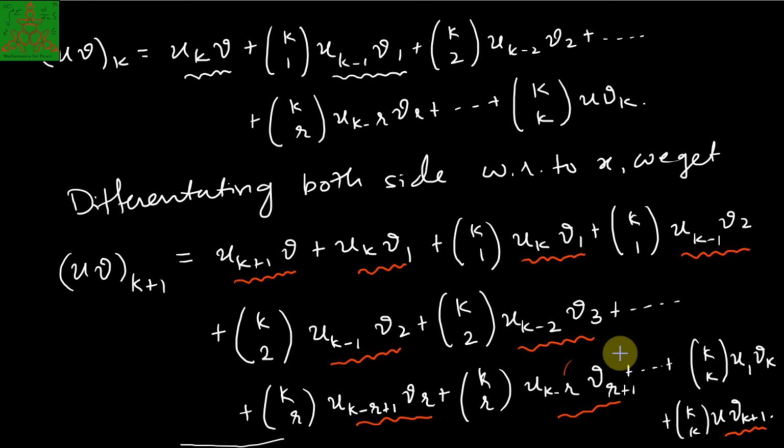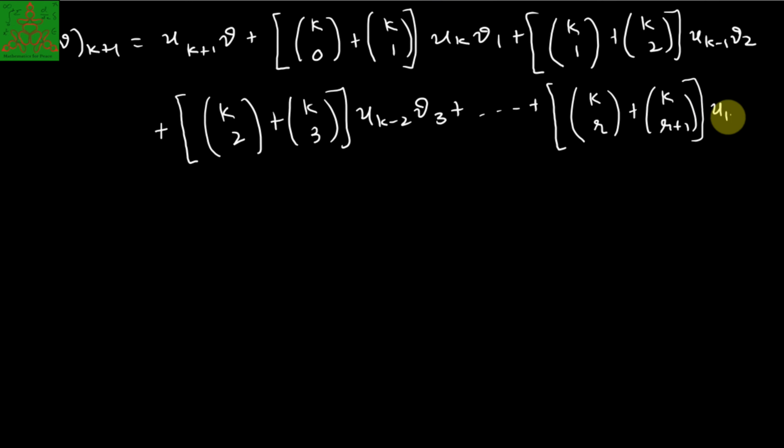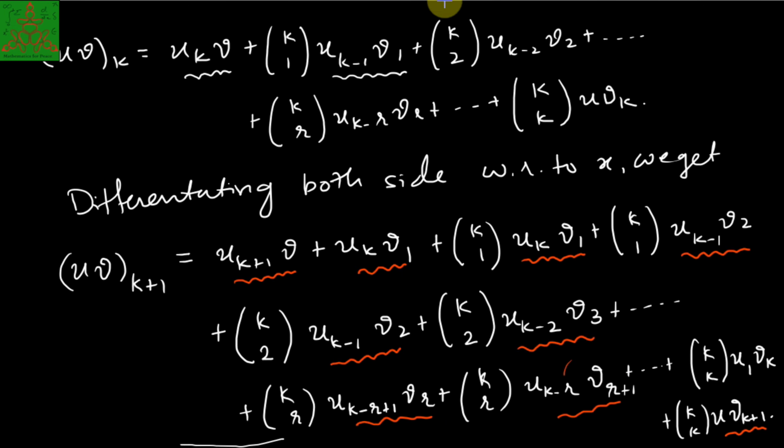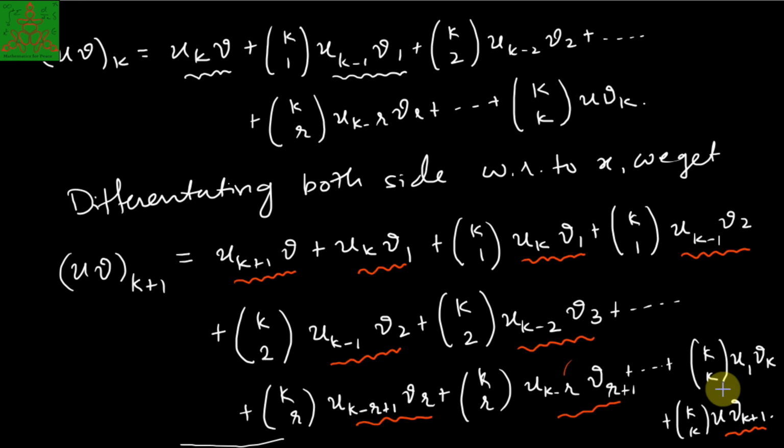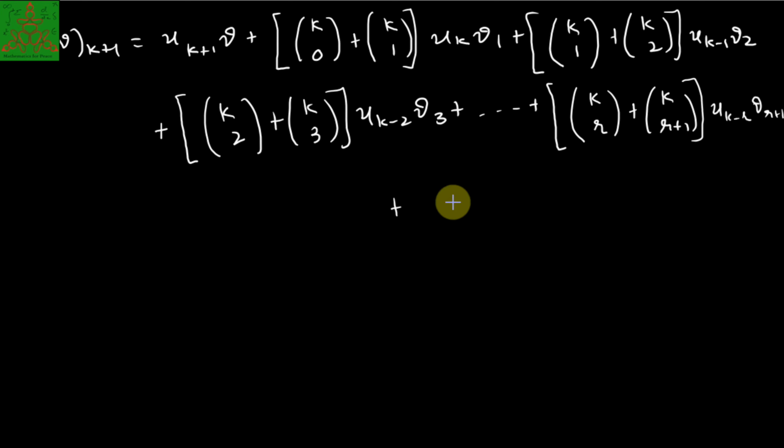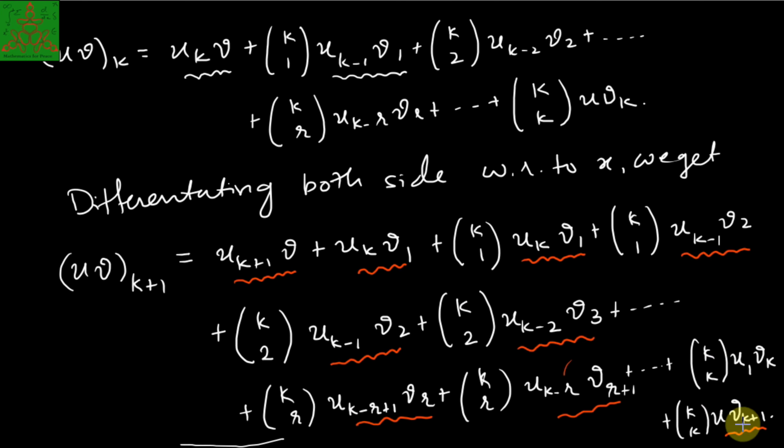That means what I have written is the next term to this one, that is uk minus r vr plus 1, plus the last term, the last term is this kck u vk plus 1.